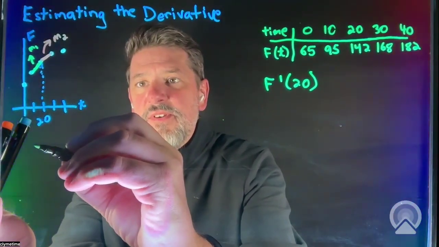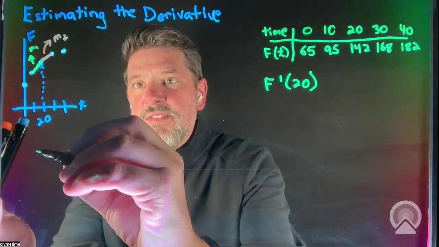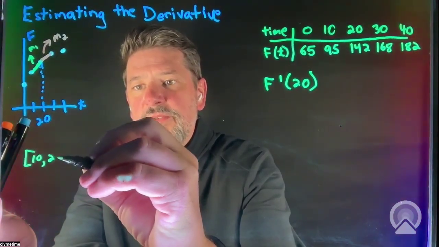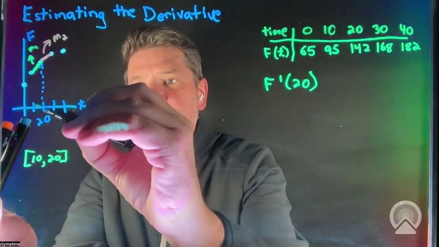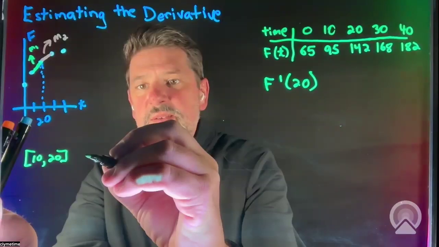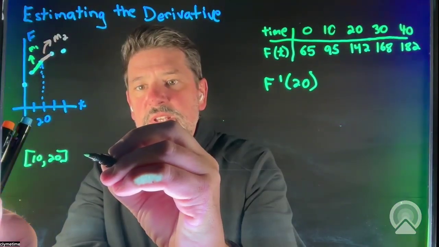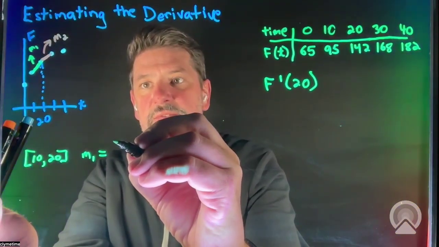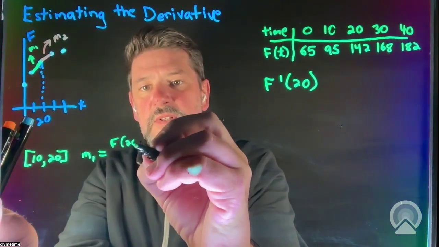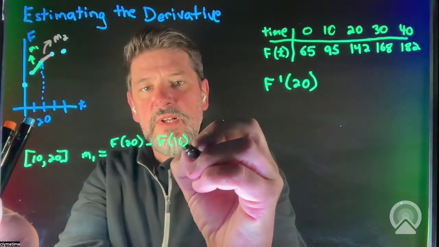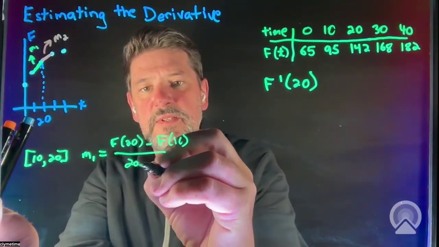So if we looked at from 10 to 20, that's the green one here. For the interval from 10 to 20, we could have the slope, we'll call this M1, and it's going to be equal to f of 20 minus f of 10, all over 20 minus 10.